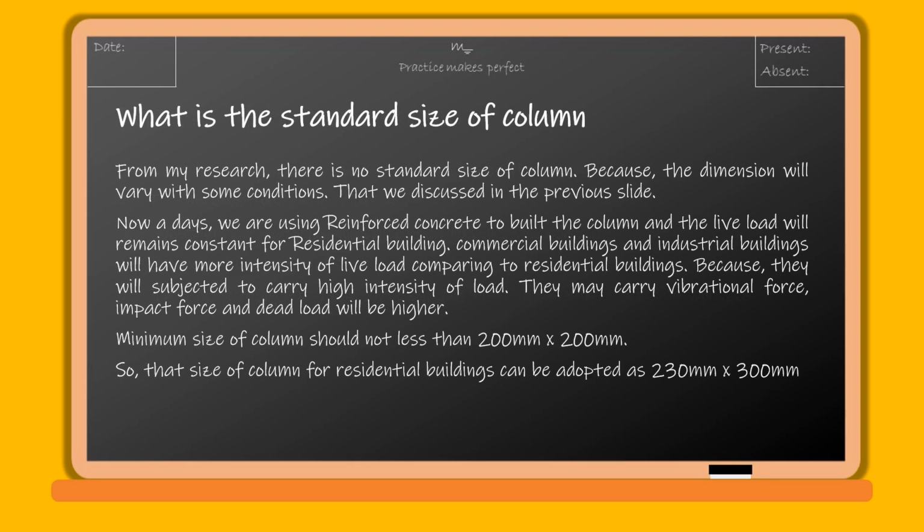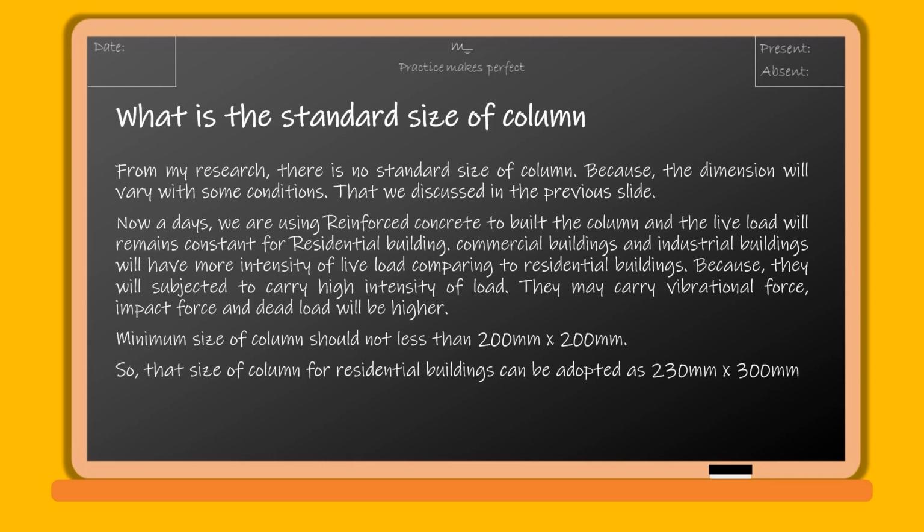From my research, there is no standard size of column, because the dimension will vary with some conditions that we discussed in the previous slide. Nowadays, we are using reinforced concrete to build the column, and the live load will remain constant for residential buildings. Commercial and industrial buildings will have more intensity of live load compared to residential buildings, because they are subjected to carry high intensity of load.